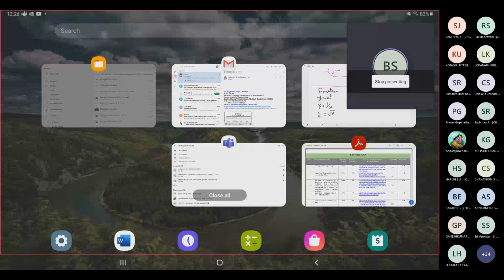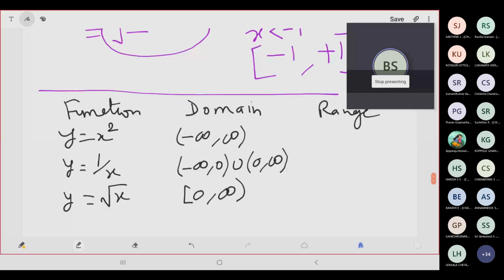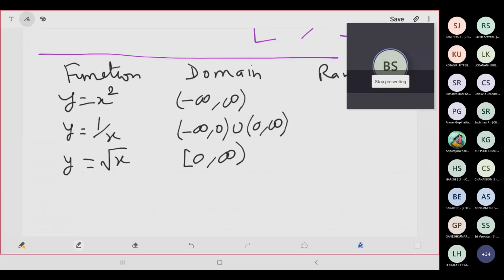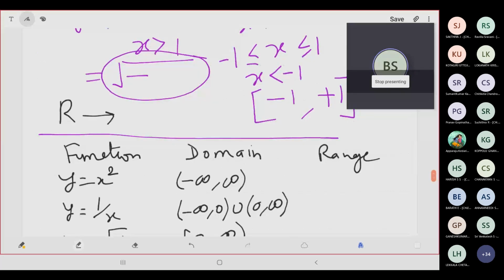So now y is equal to √x, then we have already defined the domain 0 to infinity. Because if you take x as any negative value, then again the function is not defined from R to R. Keep in mind, we have already discussed a function from R to R, so your domain is capital R and your range set is also capital R. Correct?